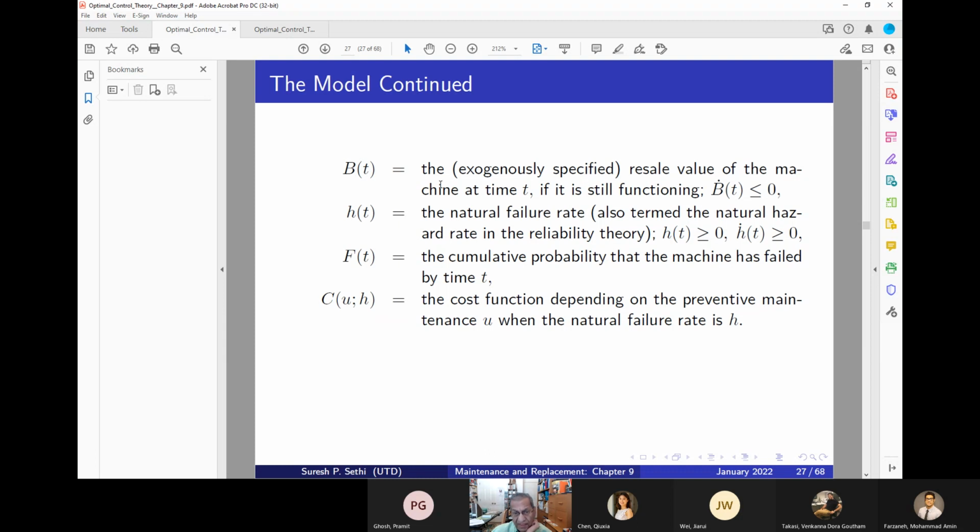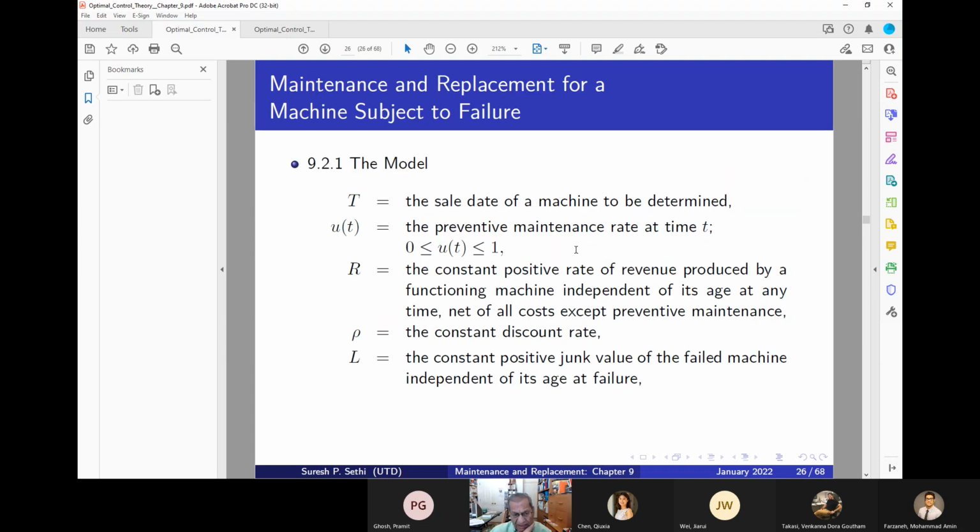B(t) is the resale value of the machine at time t if it is still functioning, and B dot t is less than 0. So what Kamien Schwartz is saying is that as long as the machine is functioning, its rate of production is not going to decline.